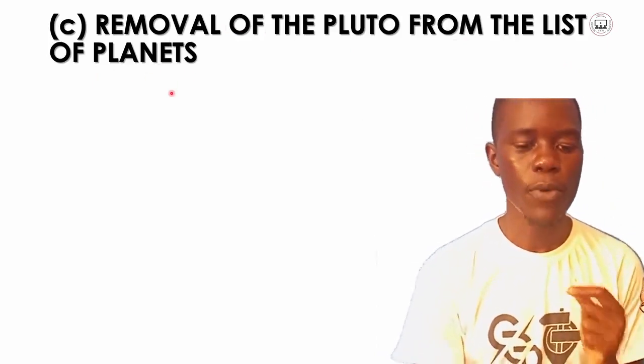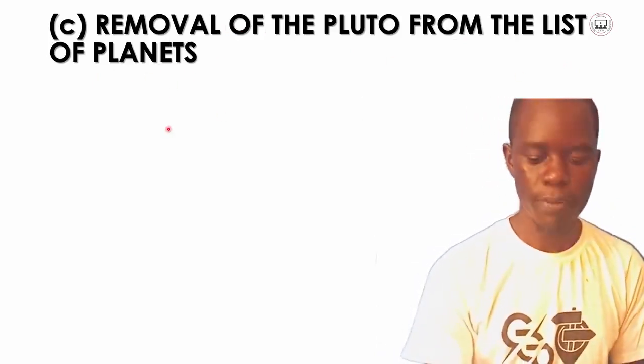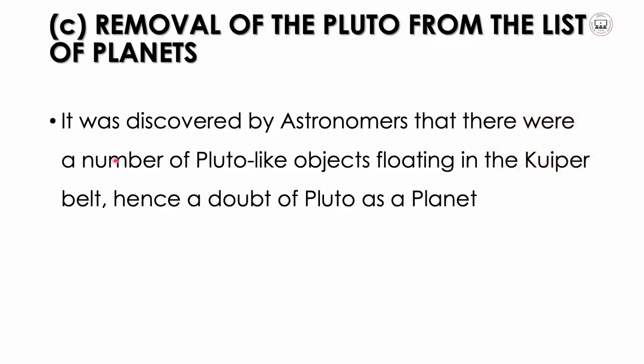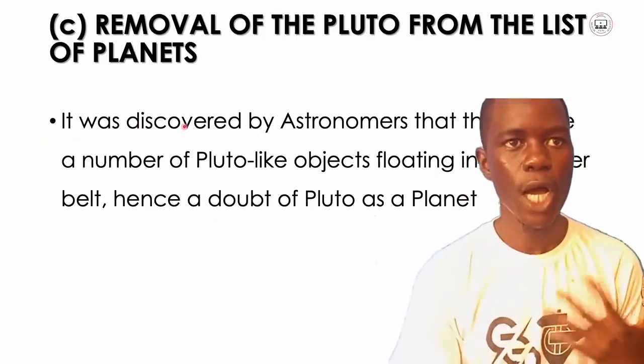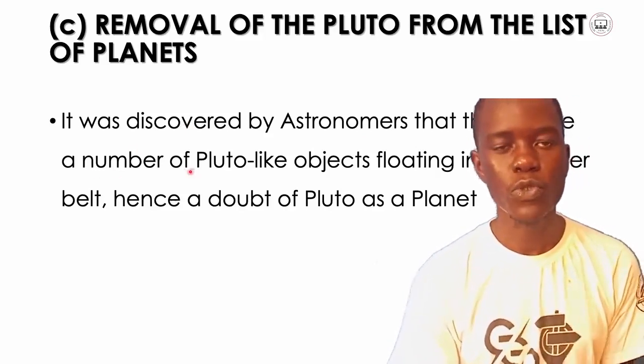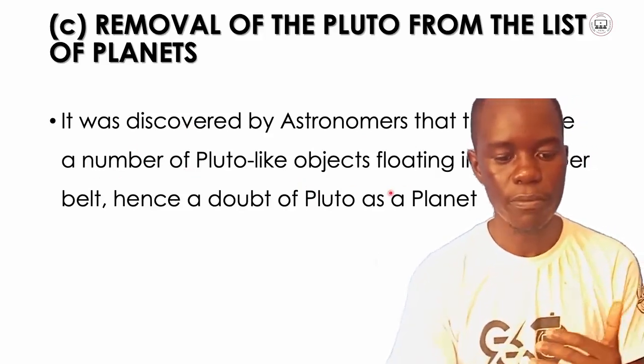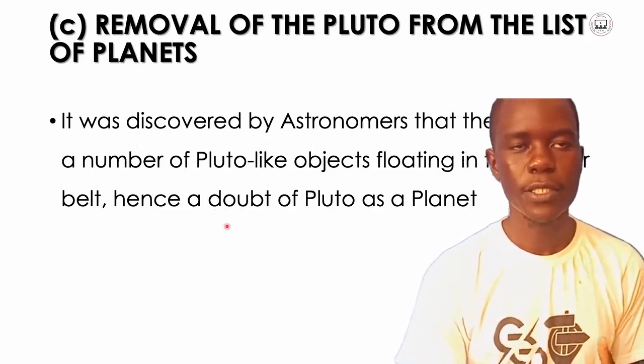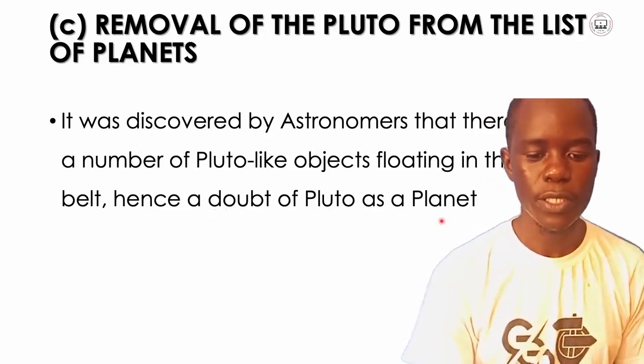Pluto was discovered by astronomers, but it was later discovered that there were a number of Pluto-like objects floating in the Kuiper belt, hence a doubt of Pluto as a planet.